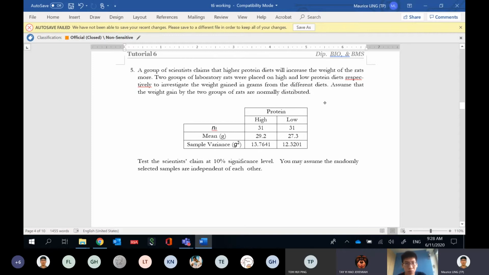Okay, but for the T-test, do you use one sample, two sample, or paired T-test? Two sample. Okay, two samples T-test. Then do you use equal variance or unequal variance? Wait.